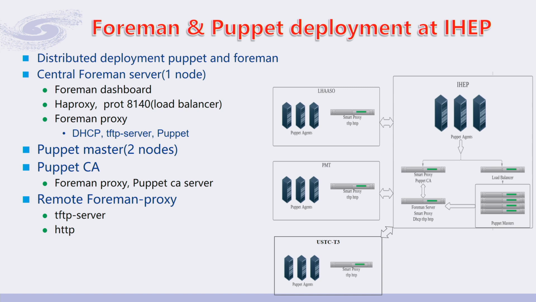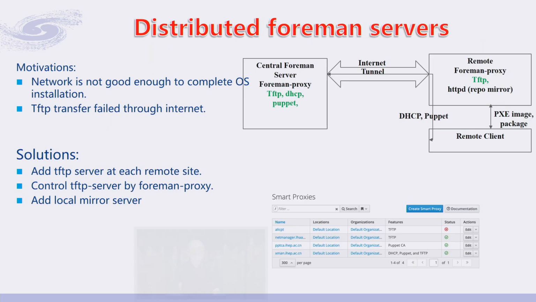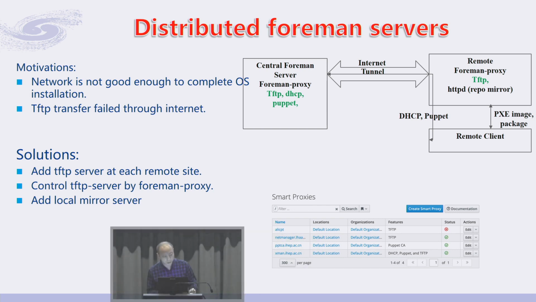And we have several Foreman proxies running at some remote sites to control the TFTP server and serve as an HTTP server for the OS installation. This is a distributed Foreman server.